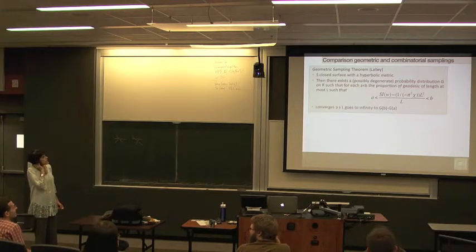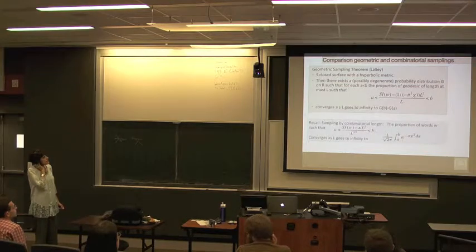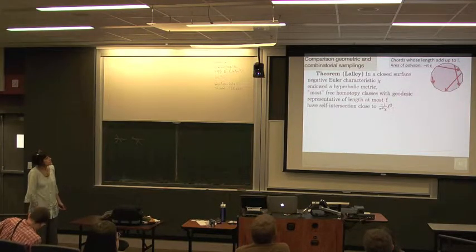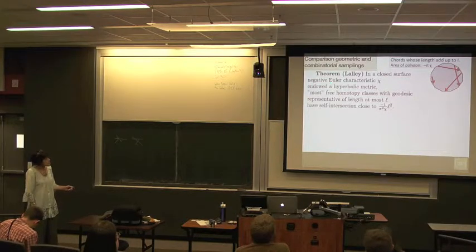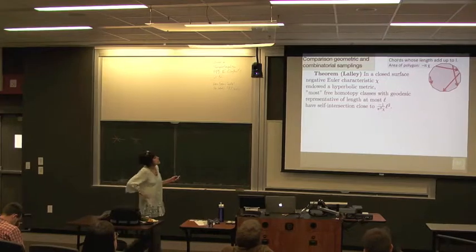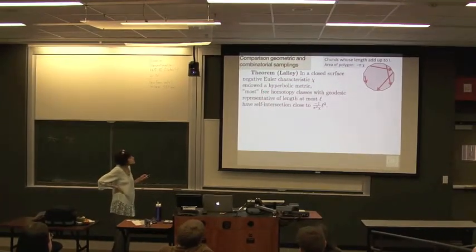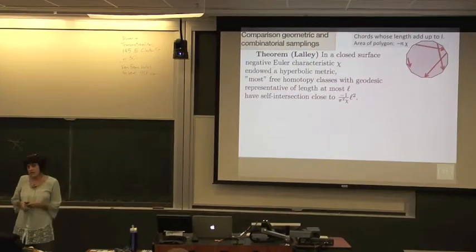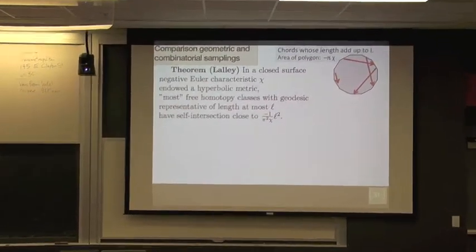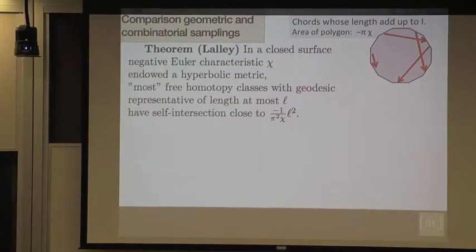So, I like to compare. The reason I wrote to Steve Lally is because he proved the following theorem. He proved that if you have a closed surface, and you look at all the closed geodesics up to length L, each one has a self-intersection number, and you take the mean of those.